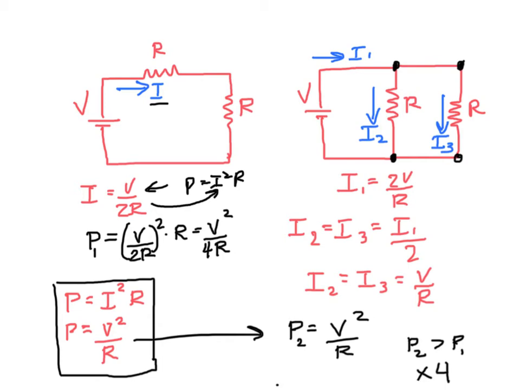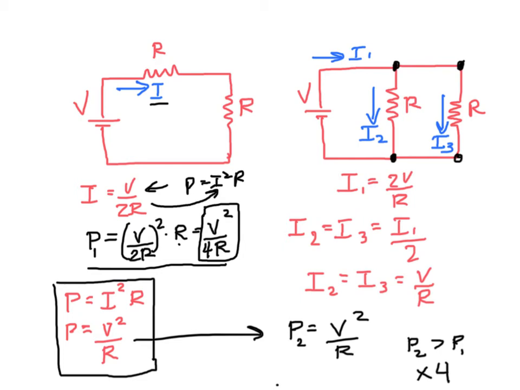So V over 2R squared, times R, I get V squared over 4R. And notice how one of the R's in the denominator cancels out with the R right here. Okay, so this is my power dissipated in the circuit, in the two resistors on the right hand side.